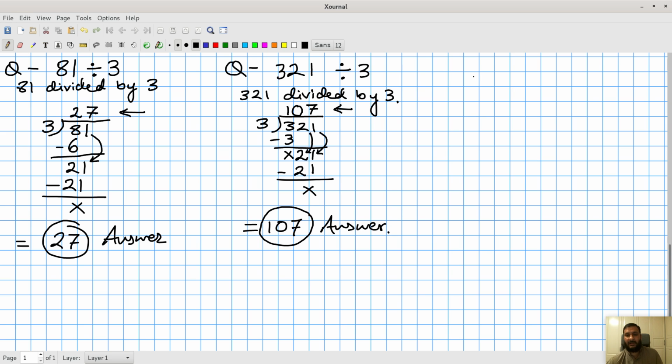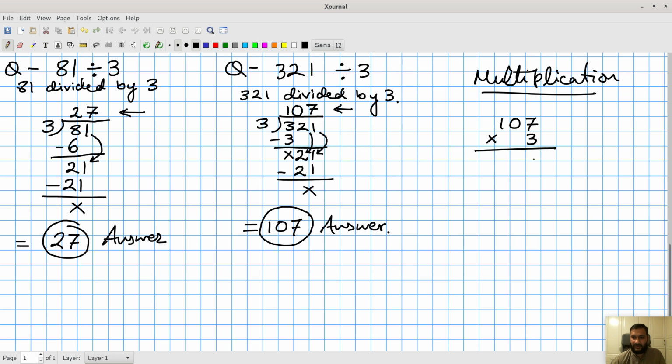So this is now multiplication, right? What you do is you take the answer 107 and you multiply it by the divisor which was here. You multiply it by that number, and then you do this calculation.